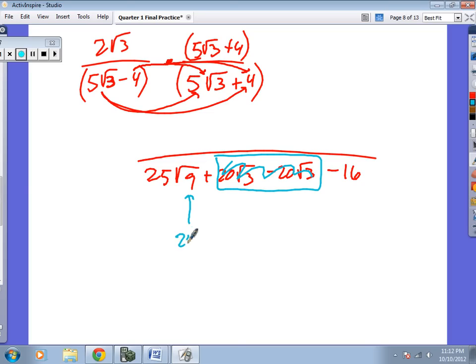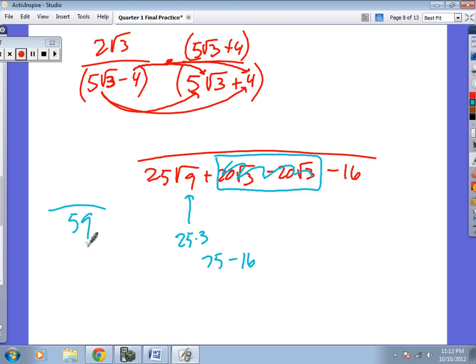So you really have 25 times 3, which is 75. 75 take away 16. So you are at, on the bottom now, 59, which is a nice whole number, a nice integer. So that's a way cool trick.